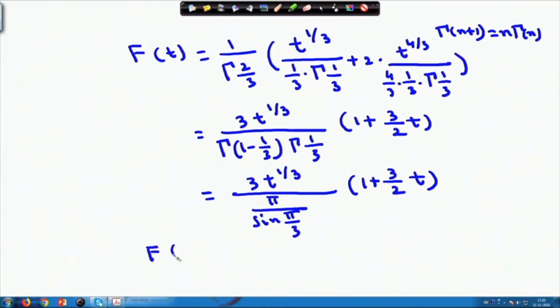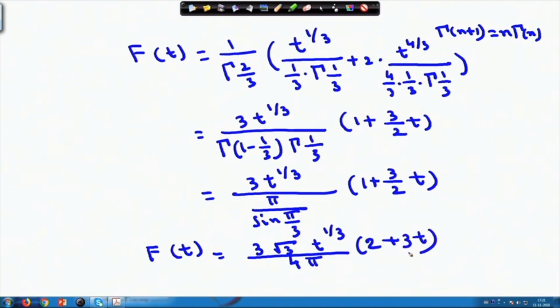So, ultimately you can write down f t equals 3 root 3 t to the power 1/3 by 4 pi after substituting the value of sin pi by 3 into 2 plus 3 t. So, ultimately the value of f t becomes 3 root 3 into t to the power 1/3 by 4 pi into 2 plus 3 t.